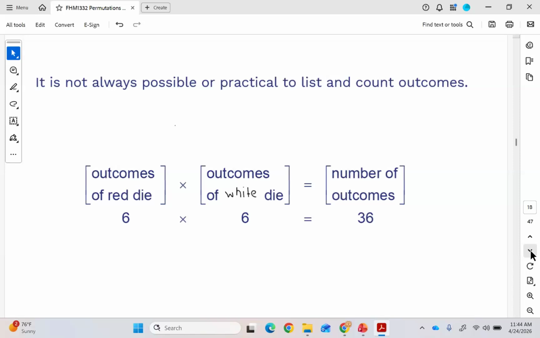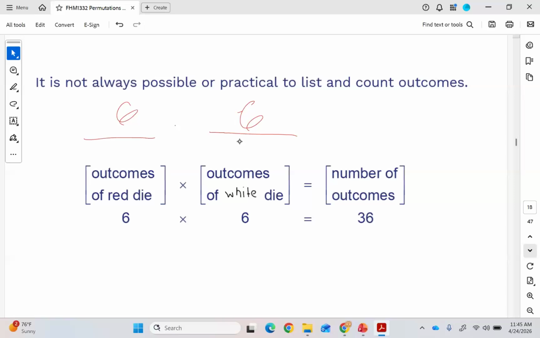And so what I like to do is I usually put lines, and I ask my students, on top of the line I'm going to put the number of ways in which the first die can land, the red one. Well, there's six. And then the number of ways in which the white one can land, six as well. There's six points on it, six possibilities.